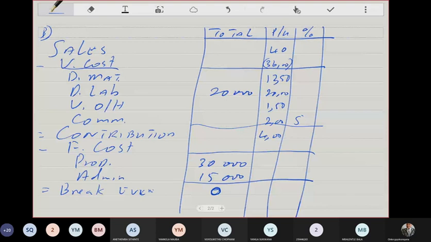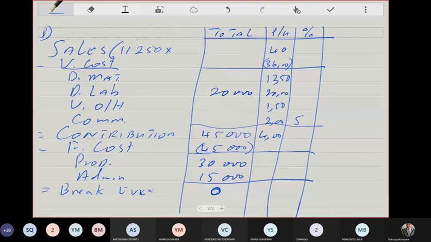If we've managed, guys, to make sales with those units, then the guarantee is that we are going to break even. You can prove that. So this is your first answer of B, the number, the break-even units.